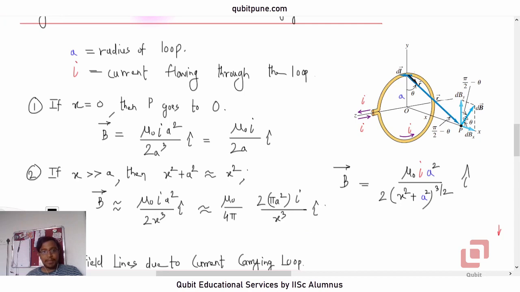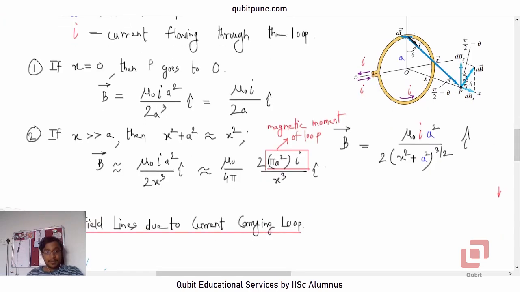The quantity pi a squared into I, what do we call it? We call it the magnetic moment of the loop. And we absorb this vector I cap here and we make the magnetic moment a vector quantity.